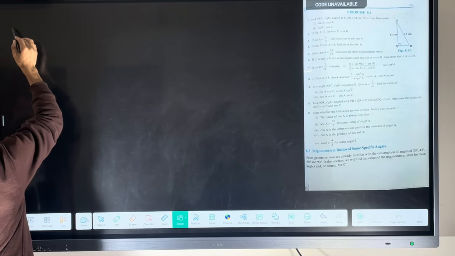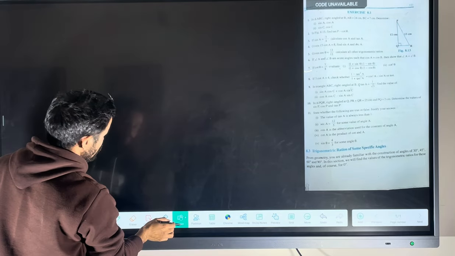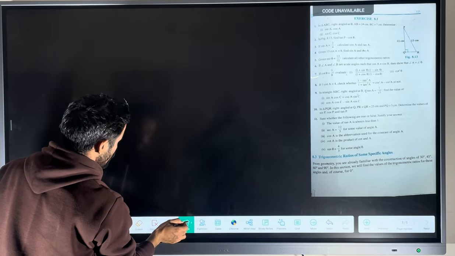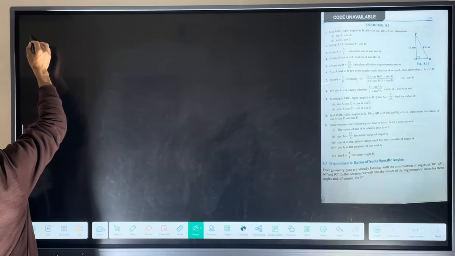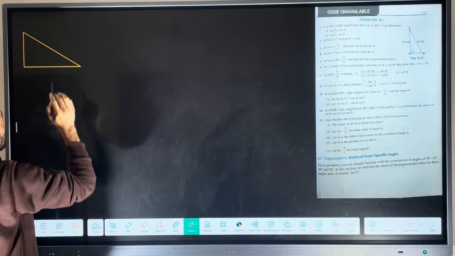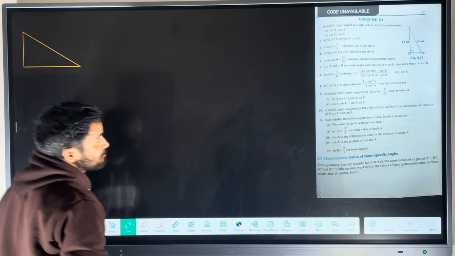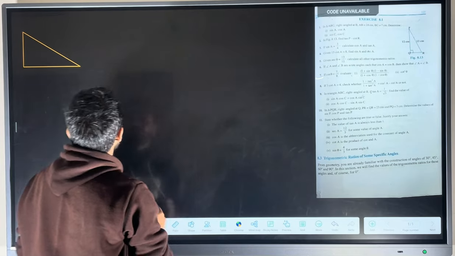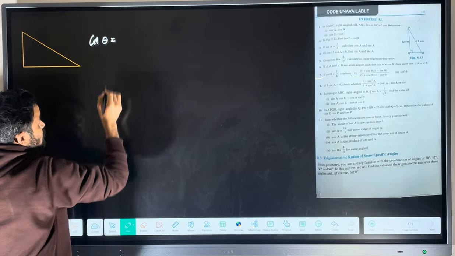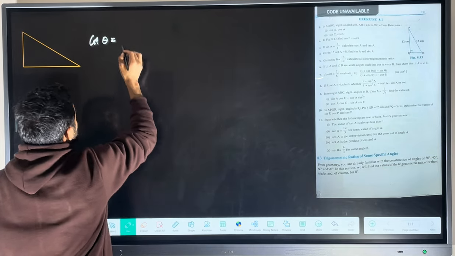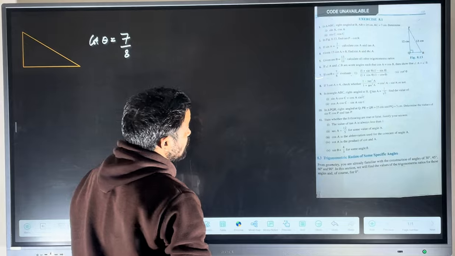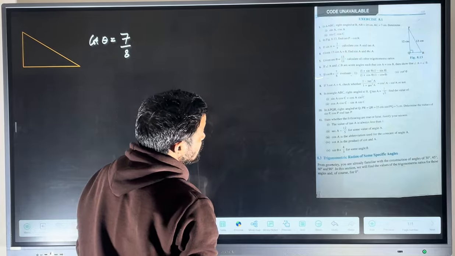We will draw the triangle over here. Okay. Now the question is cot theta is equal to 7 upon 8, and we have to find sin theta and cos theta.